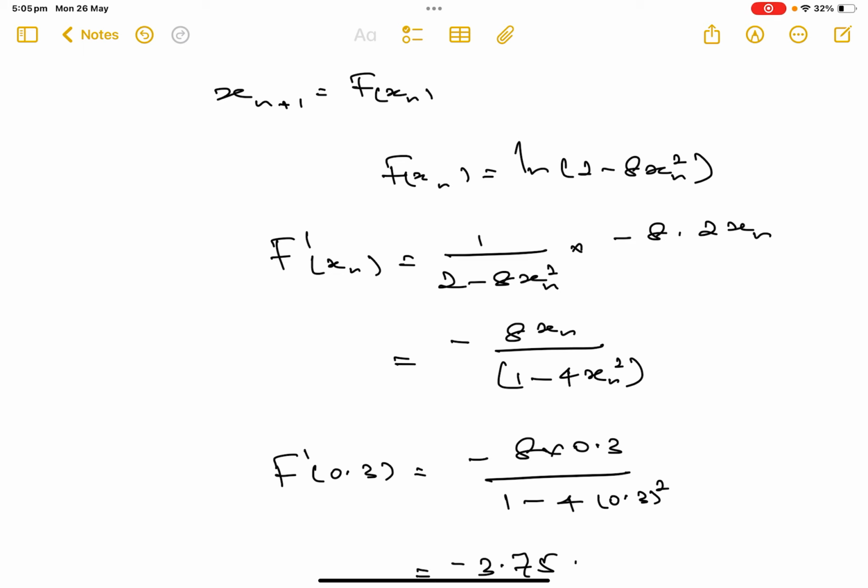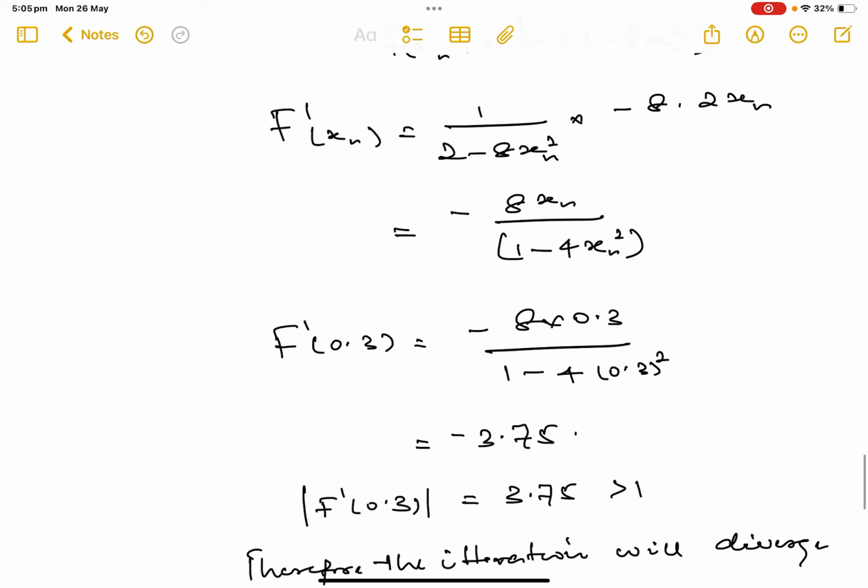It's a log function, so 1 over 2 minus 8xn squared, times the derivative of what's in the bracket. The derivative of 2 is 0, and 8xn squared gives 8 times 2xn. So simplified, it is minus 8xn over 1 minus 4xn squared.